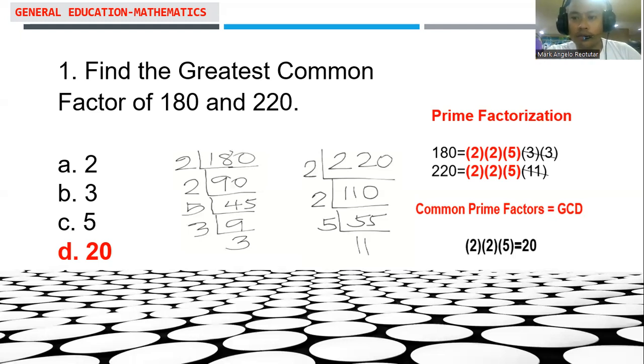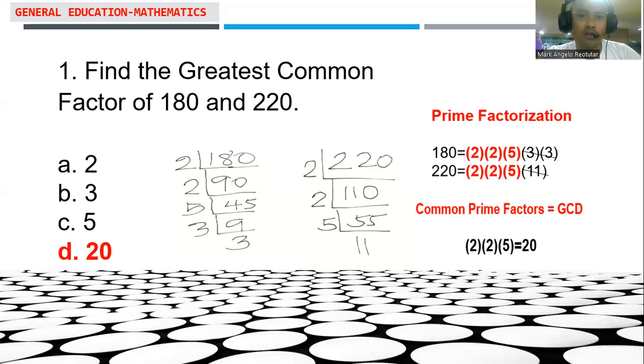So as you can see, there were actually three prime factors that are in common to 180 and 220. In this particular case, just multiply the three common prime factors, and it will give you a value of 20. And then what is now the meaning of 20?